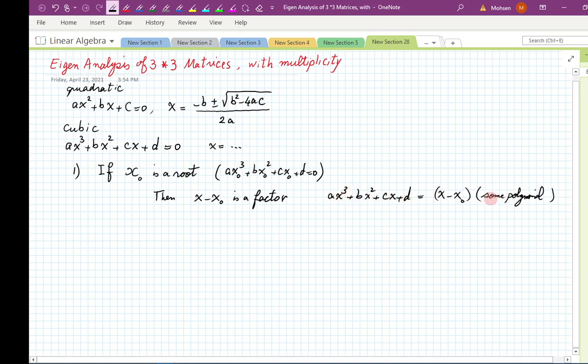This is cubic, that's going to be quadratic, and so that one you can solve by methods from high school. So if you know a root, you are almost there.